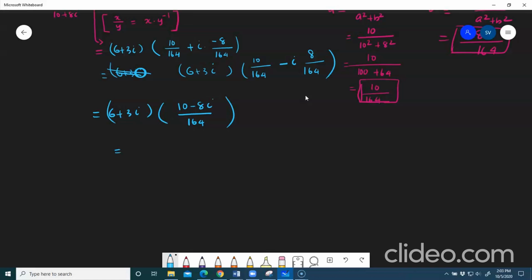So that is (6 + 3i) times (10 minus 8i) over 164.